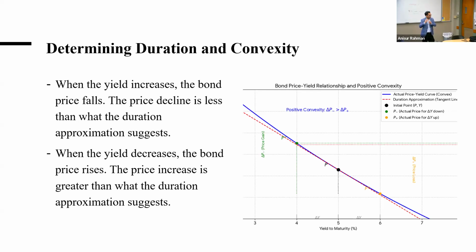So your gain is underestimated, right? Similarly, when yield increases, what do you expect to happen to the price? Price goes down. But if you use only duration, it tells you it will go down even more than it actually will. So your loss is also overestimated, right?